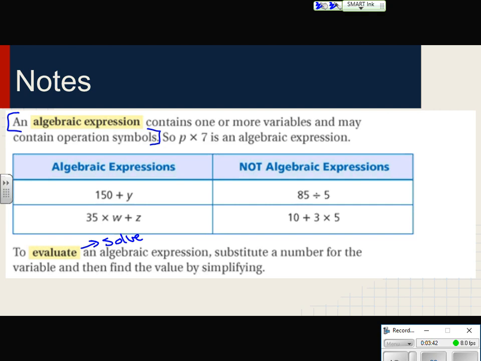Just know that means solve. Now, this table I do want you to include in your notes goes over what an algebraic expression is compared to a not. The big difference you'll see is algebraic expressions, they have variables, okay? Algebraic expressions are not ones that have just whole numbers. These are just called expressions, okay? Put those down so you can see the difference before moving on.